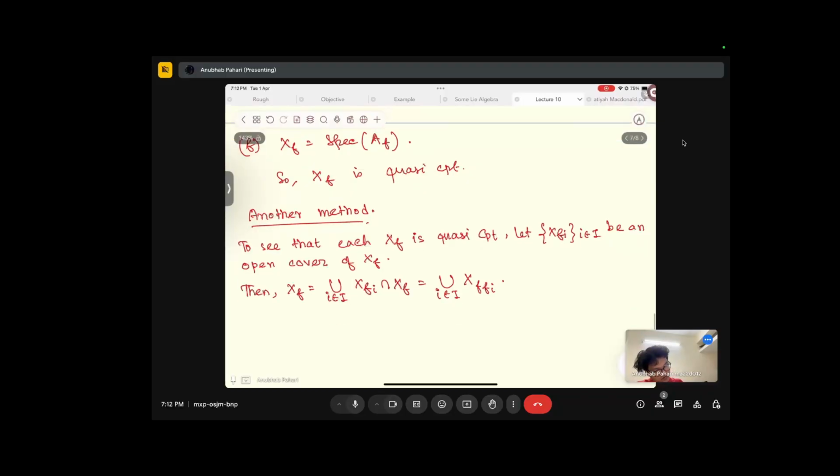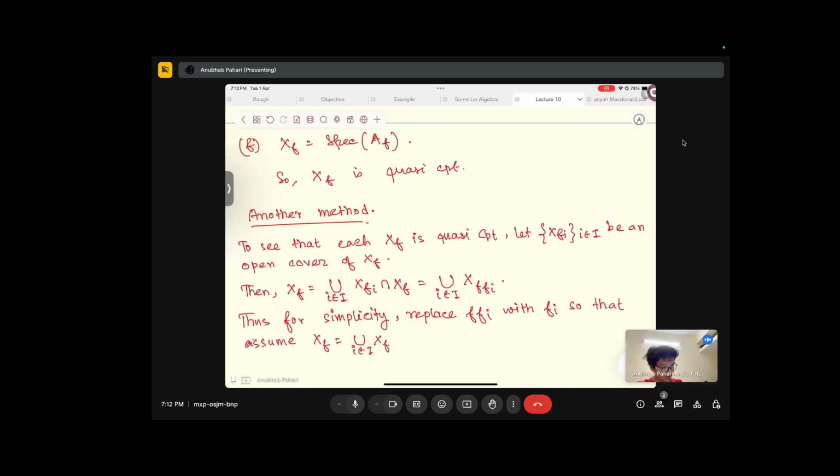Thus, for simplicity, replace fi with fi so that we assume Xf is the union of i of Xfi.